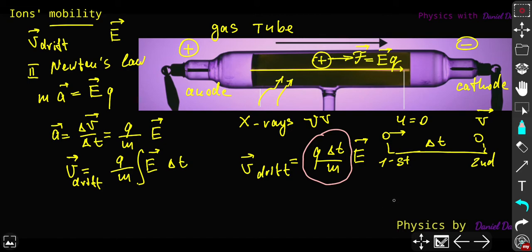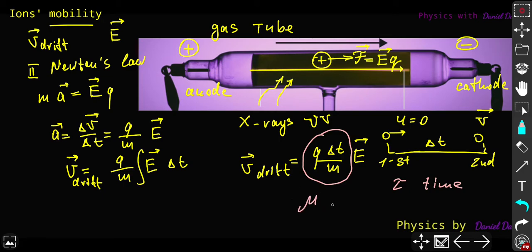So on average, of course, for any particular ion it is going to be a different value, but on average, we can state that this amount is going to be some effective tau time that's specific for a particular substance, for a particular gas.